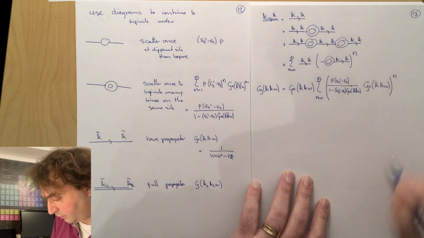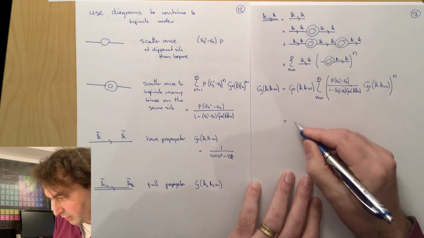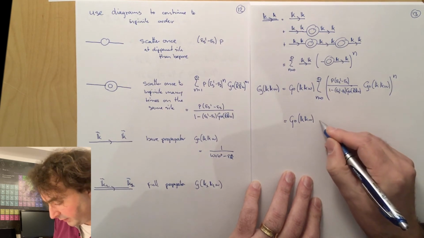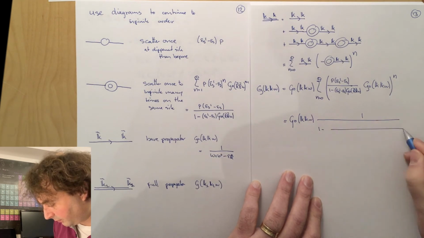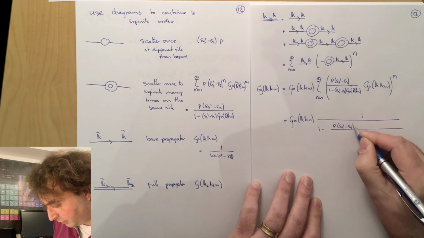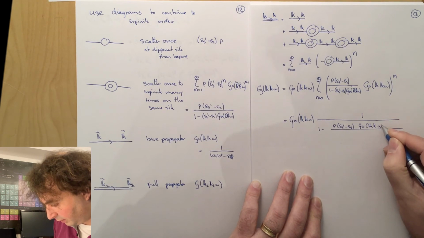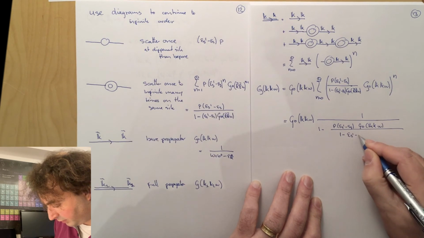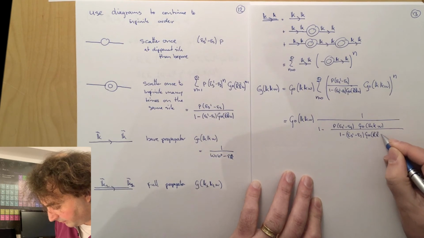And we can do this 0 to infinitely many times. This again is a geometrical series. So what we have is G0 k omega divided by 1 minus p epsilon s prime minus epsilon s G0 k omega divided by 1 minus epsilon s prime minus epsilon s G0 RR omega.